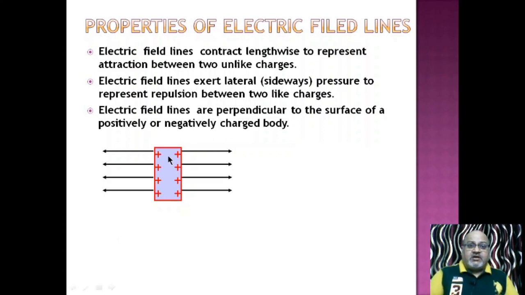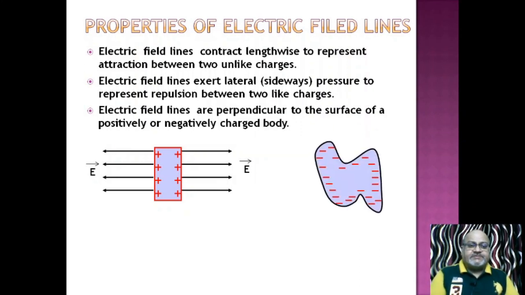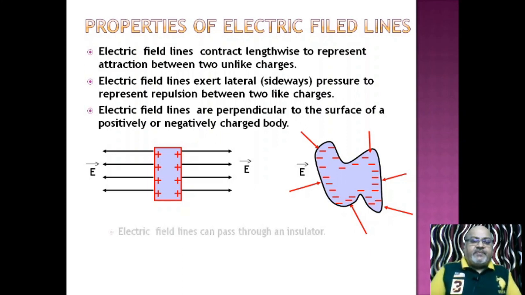And see, they are not inside this metallic block. They are outside. Electric field intensity is E. Take some irregular surface like this, negatively charged. Electric field lines will terminate on this surface coming from infinity, but they terminate perpendicularly. See, all lines are terminating perpendicularly to the surface. E is the electric field intensity.